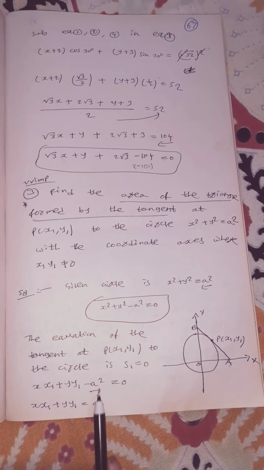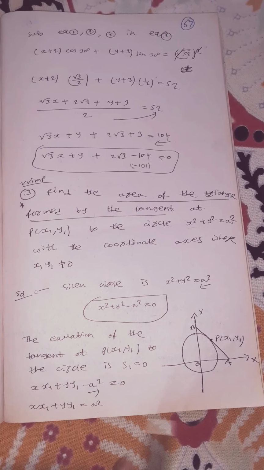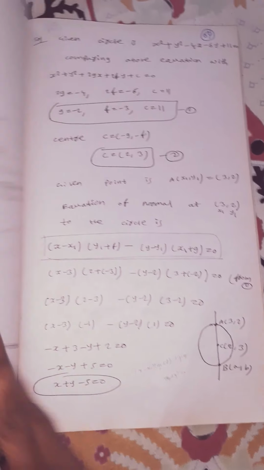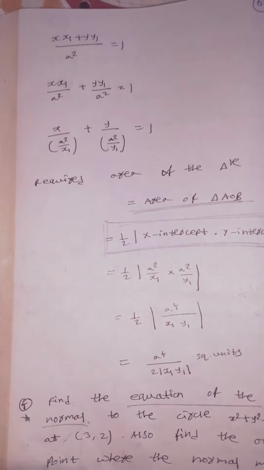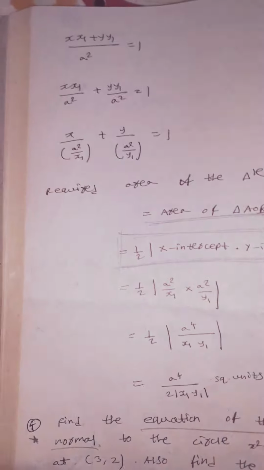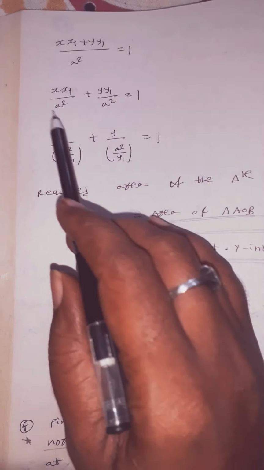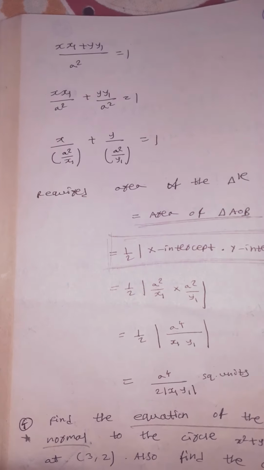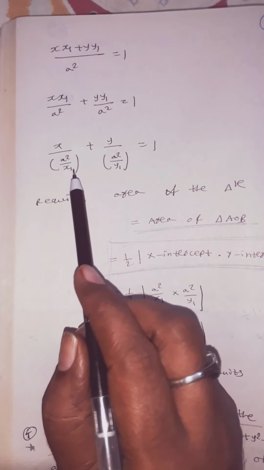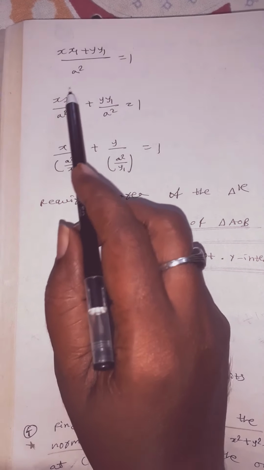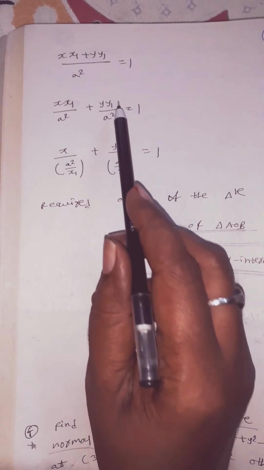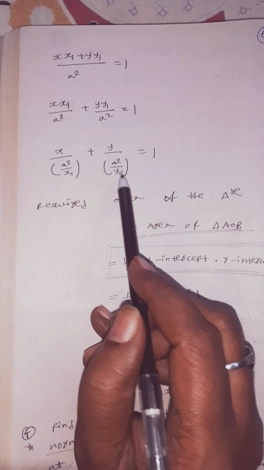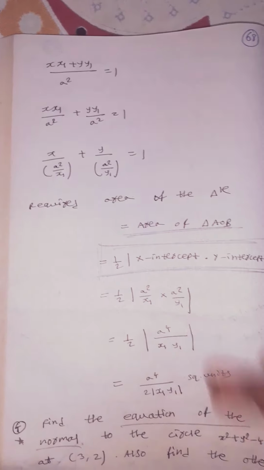Sending minus a square to that side, it becomes plus a square. Send a square to this side, it will become division. Now write the denominator separately: xx1 by a square plus yy1 by a square equal to 1. Sending x1 down, it becomes x by a square by x1, plus y by a square by y1 equal to 1.